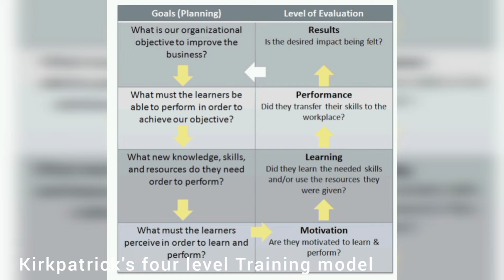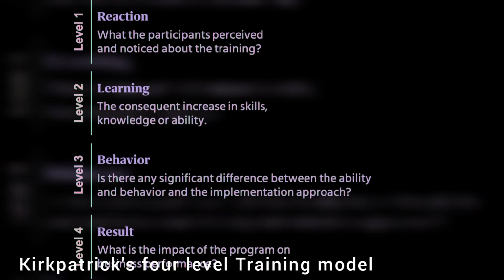It was developed further by Donald and his son James, and then by James and his wife. Now coming to the levels, the 4 levels are: number 1 is reaction, level 2 is learning, level 3 is behavior, and level 4 is results.